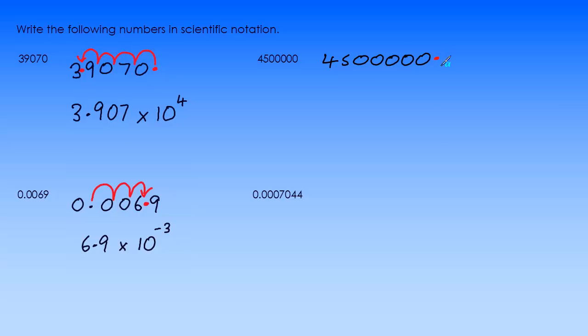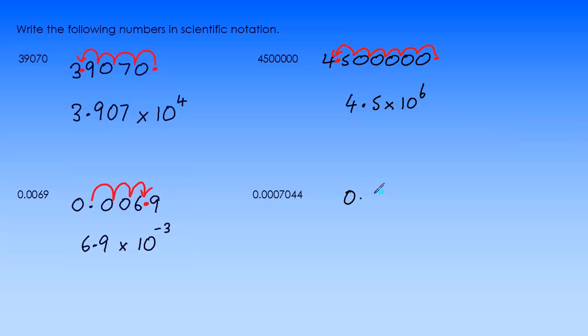The decimal point's here, but we wouldn't normally write it. And we want it to be there so that we just have the one non-zero digit in front of the decimal point. So we've got to go 1, 2, 3, 4, 5, 6. And our original number was more than 10. So that's 4.5 times 10 to the power 6.